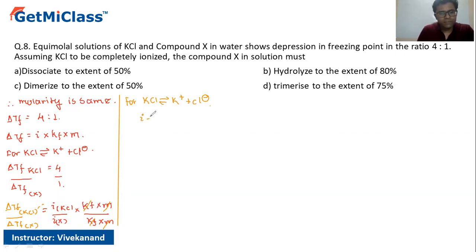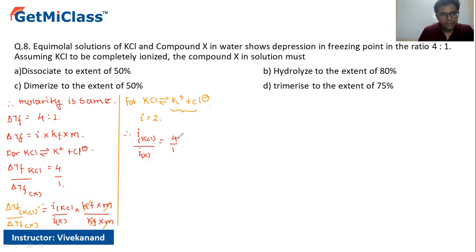The number of ions produced is 2. So try to understand this: i for KCl divided by i for compound X, as it is given, is in the ratio of 4:1.